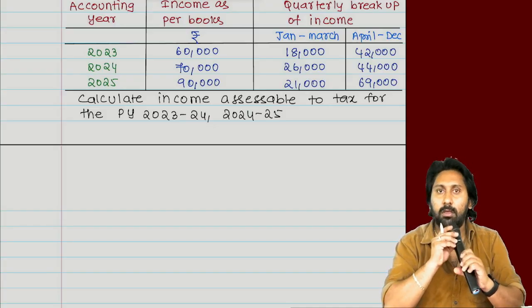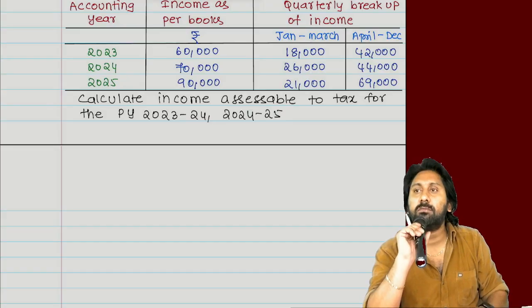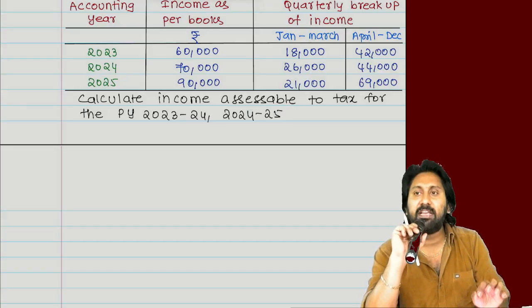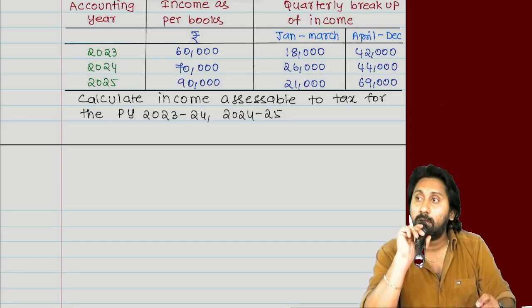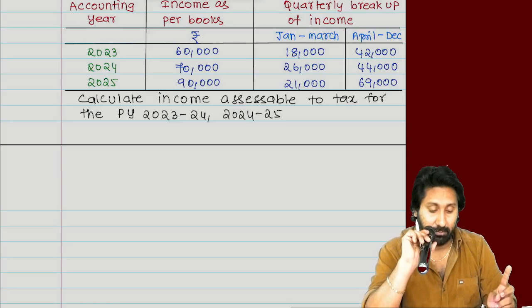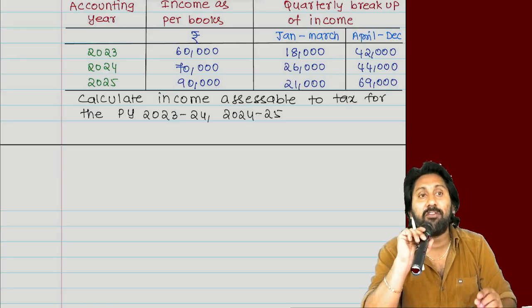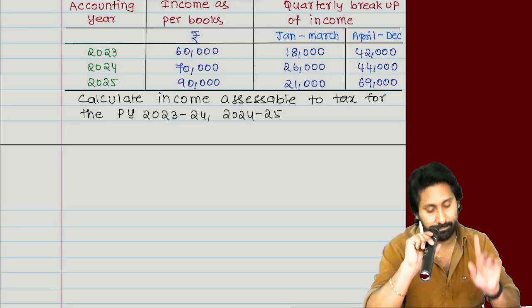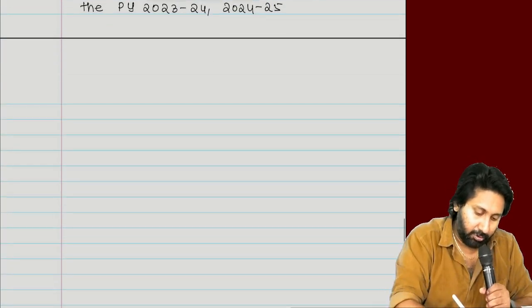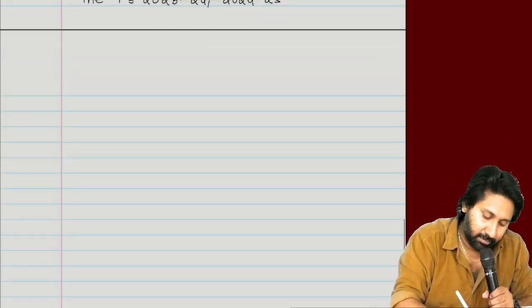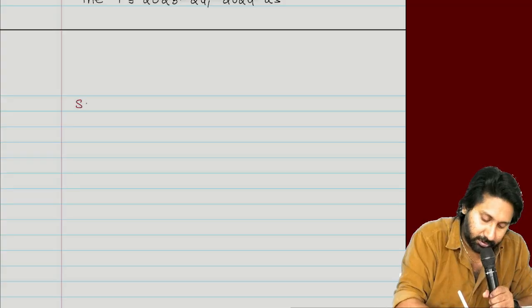Okay. First, can I ask you one question? Previous year 23-24 means what is the assessment year? Previous year 24-25 means assessment year? Very good. Like that we need to write now. Write down the solution.